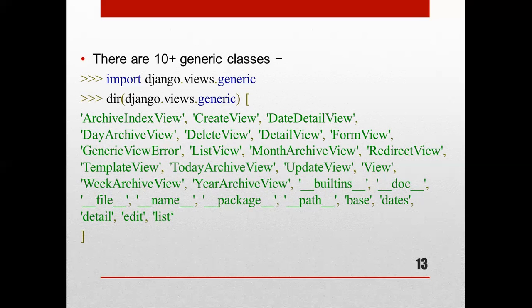For that we have to write import django.views.generic, then look at the directory of django.views.generic. You can see that multiple generic views are there, like archive index view, create view, date detail view, day archive view, delete view, detail view, form view, generic view error, list view, month archive view, redirect view, template view, today archive view, update view.